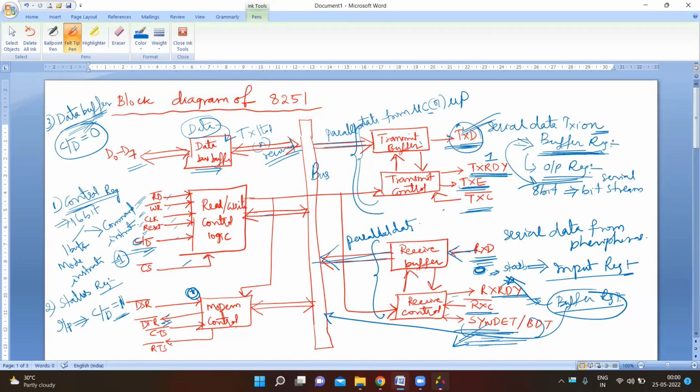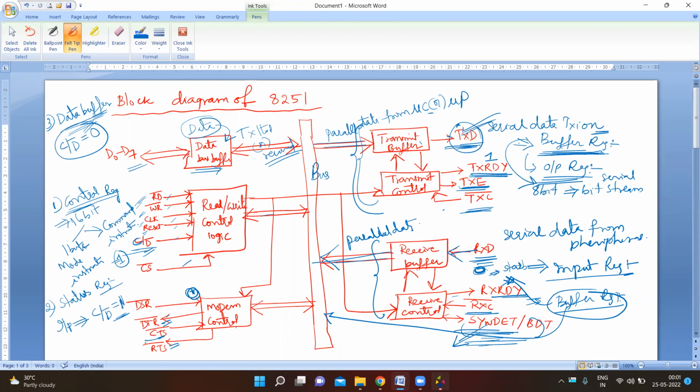Whereas RTS is request to send. When it is low, again active low, the 8251 is ready to send the data. And CTS is clear to send. When it is low, it enables the 8251 to transmit serial data.